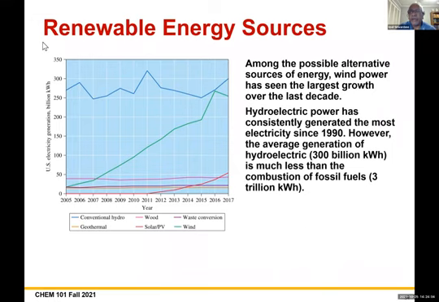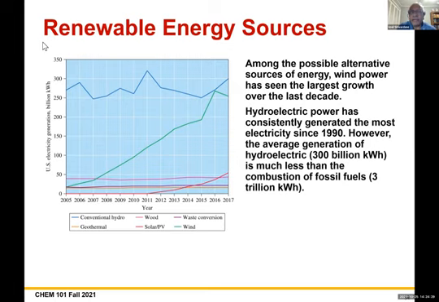However, average generation of hydroelectric is much less than combustion of fossil fuel. Much less. 3 trillion to 3 billion. So it's thousands of times less than fossil fuel.